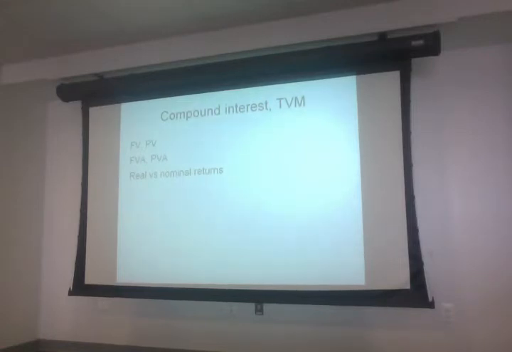Now, as it happens, if each of the cash flows that we're planning to invest or receive is of the same amount, then this produces a regular geometric series, and we can have a nice closed form expression for the sum of all of them together. This is the idea of the present value of an annuity and future value of an annuity.